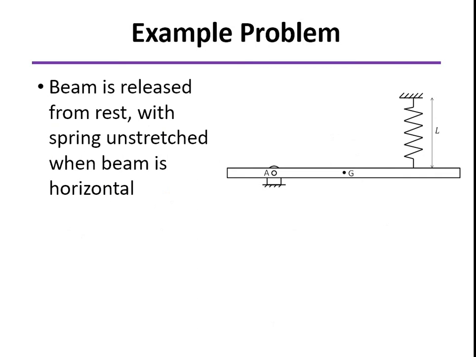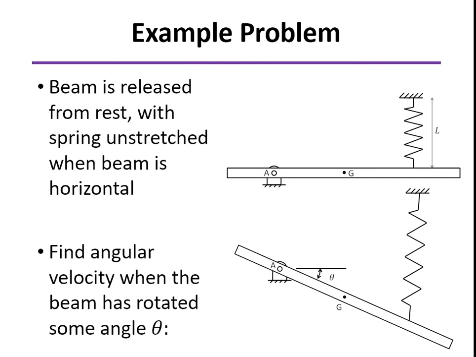Now here's one where we are releasing this beam from rest so it can rotate, and there's a spring that controls that rotation somewhat. In the initial position shown here, the spring is unstretched. We let it go, and we want to know, after it's rotated through some angle theta, what's the angular velocity.